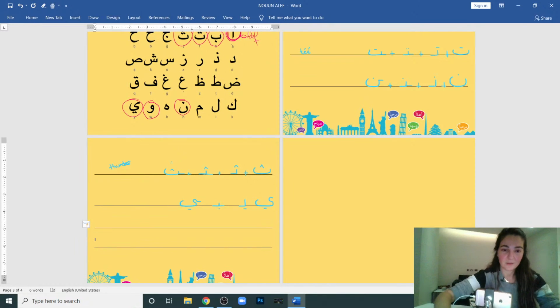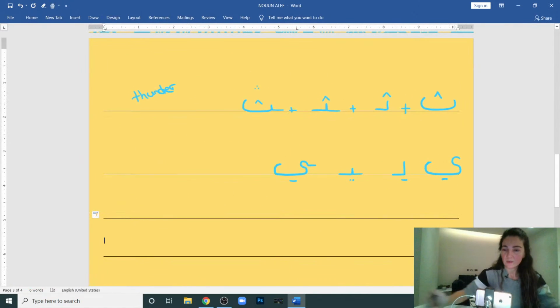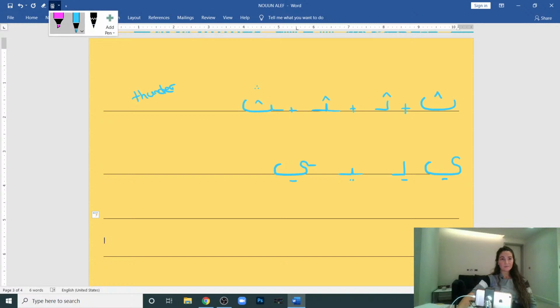Yeah, okay, and now I can increase the size. Okay, so we have the alif. My lines are a bit close, so I'm just going to do it here. So this is the initial form of the alif, plus this is the middle form of the alif, plus this is the final form of the alif.